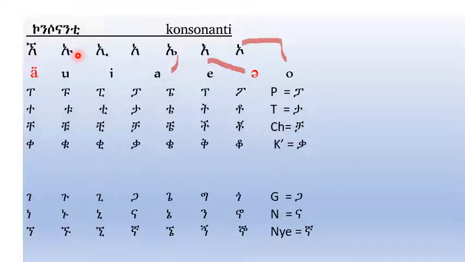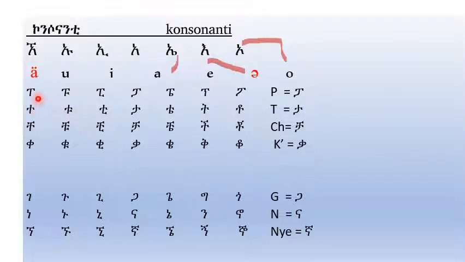So let me show one shortcut. If you see O, all of them you see: Pu, Tu, Chu, Ko, Gu, No. If you know this, you know how to write them with their U sound. Only put this sign to the right.